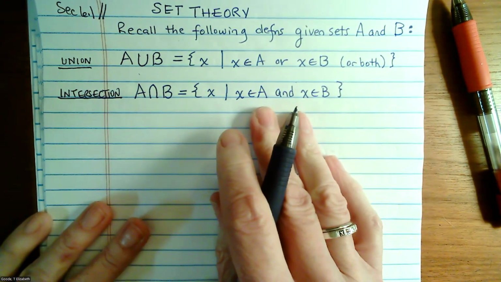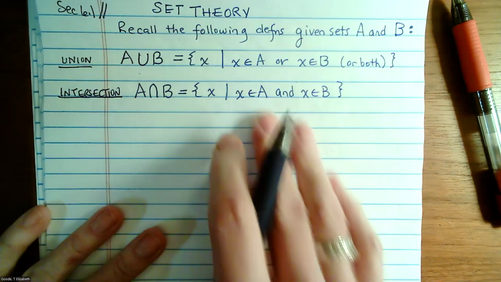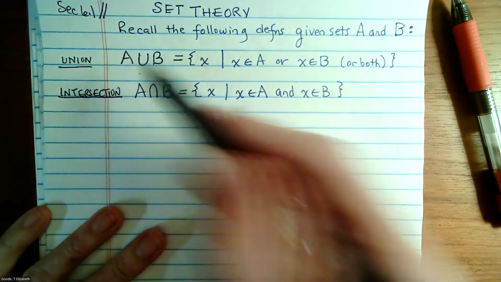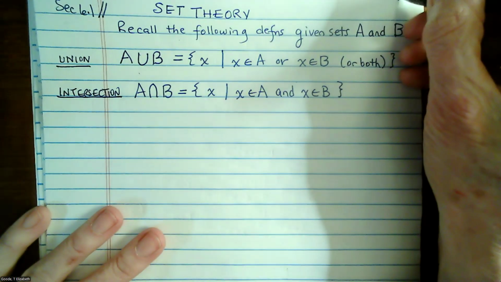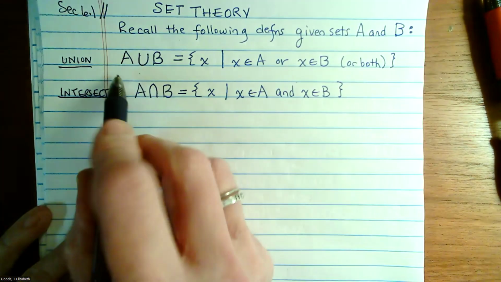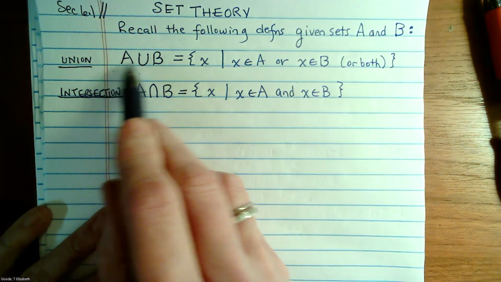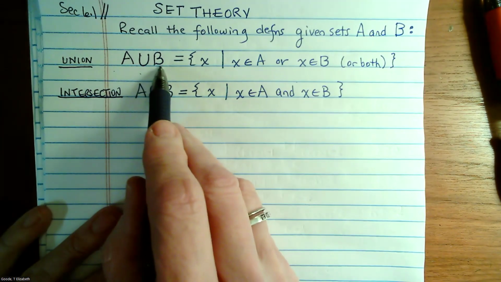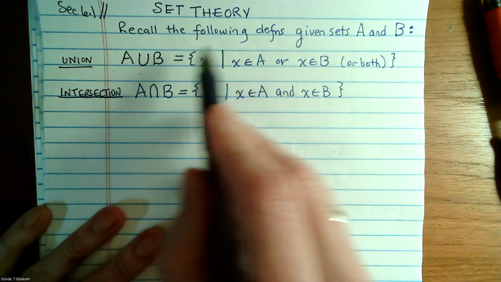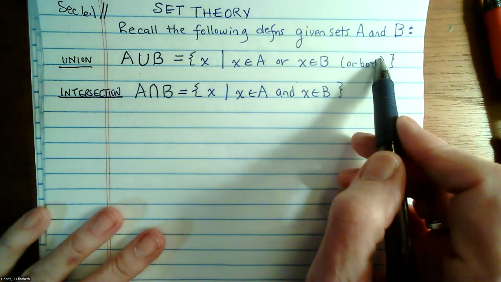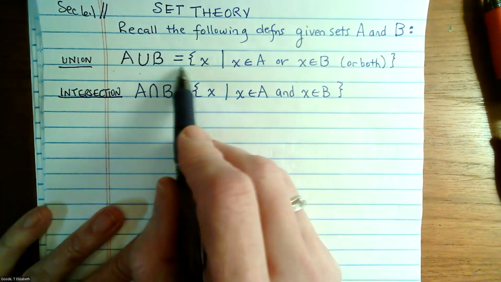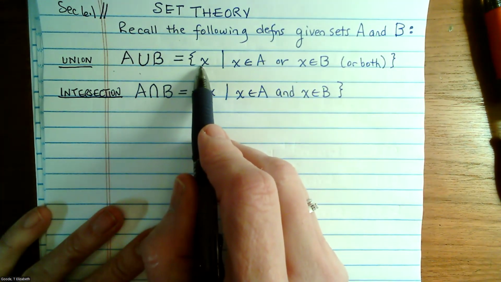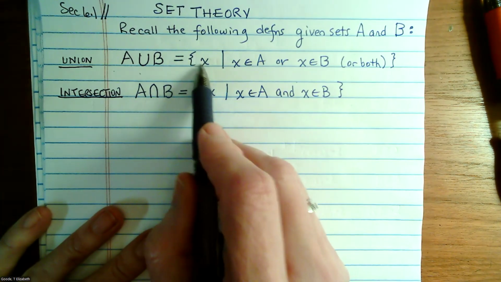So before we go further, just understand that if you wanted to analyze what it means for X to not be in A union B, you would negate what it means for X to be in A union B. We don't negate the domain.